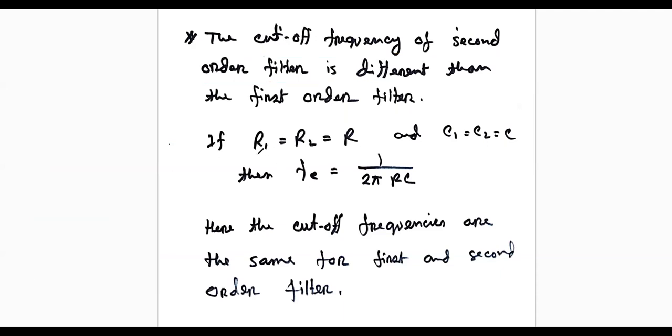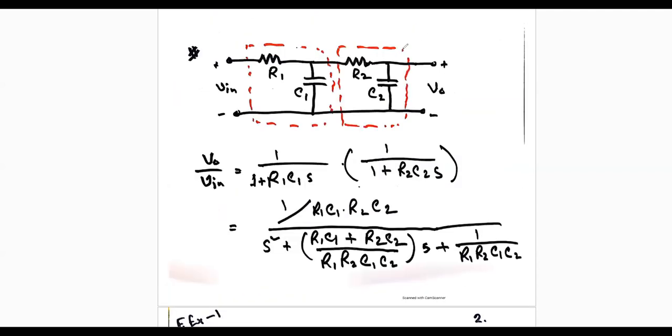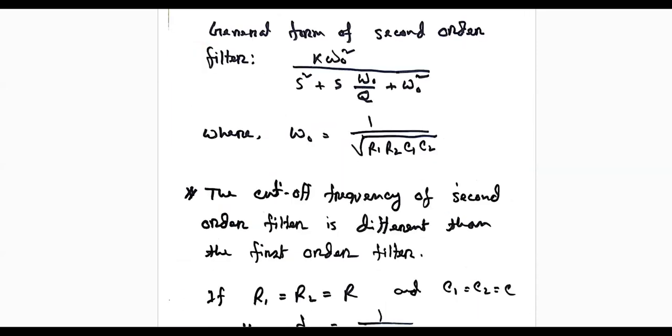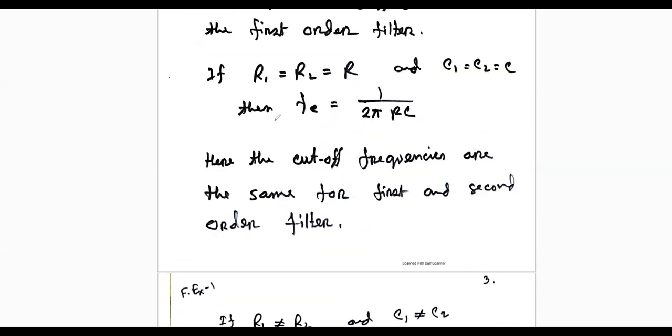If R1 equals R2 and C1 equals C2, then the cutoff frequency omega c equals 1 divided by RC, which we already know.